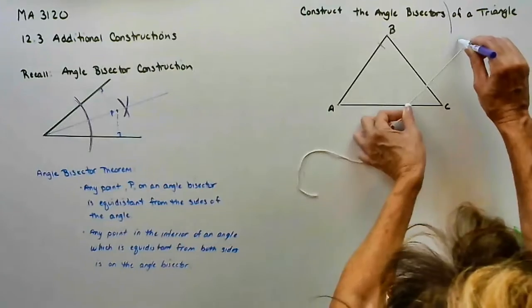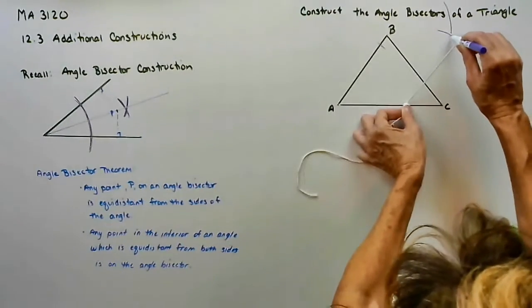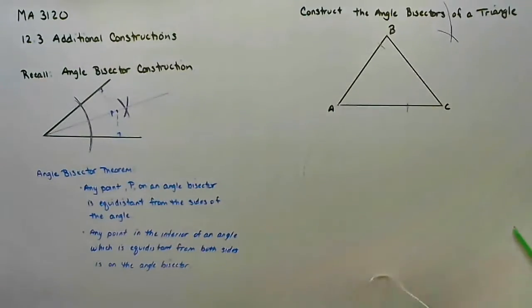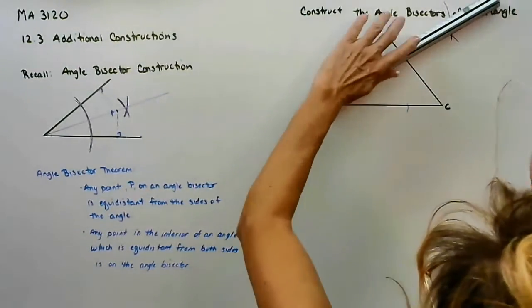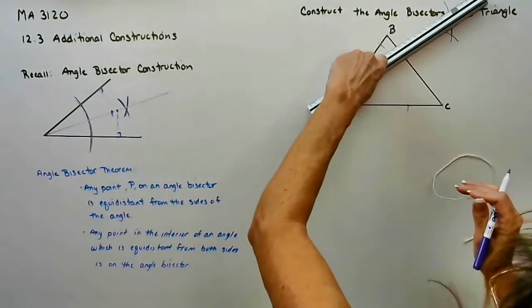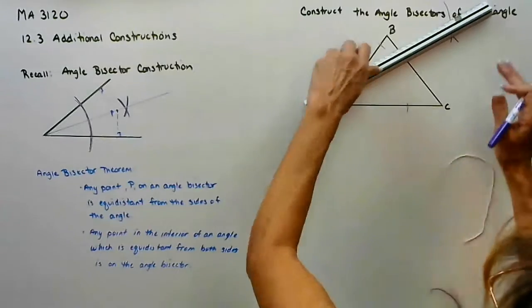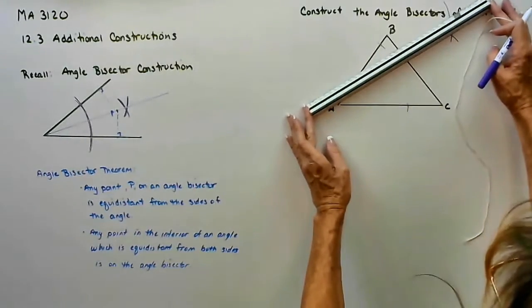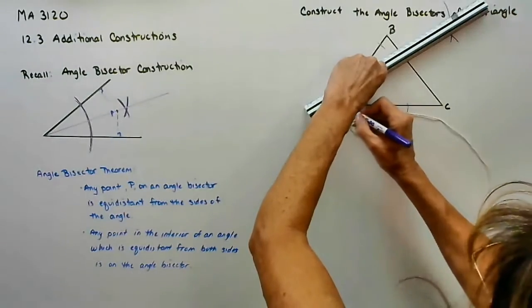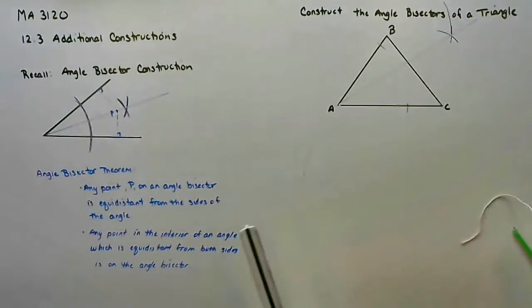Swing an arc, swing an arc, so it didn't intersect, so I go back to it. And I am going to bisect angle A first. Find those two points. Oh, it's sliding around a lot. So here's an angle bisector.